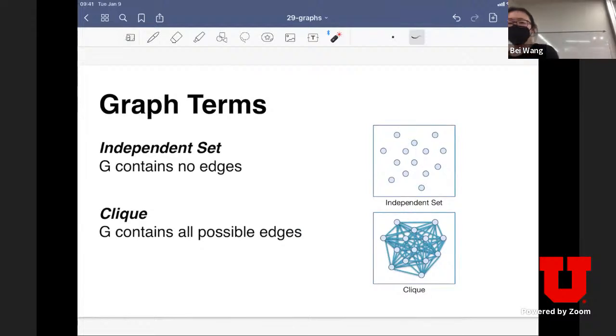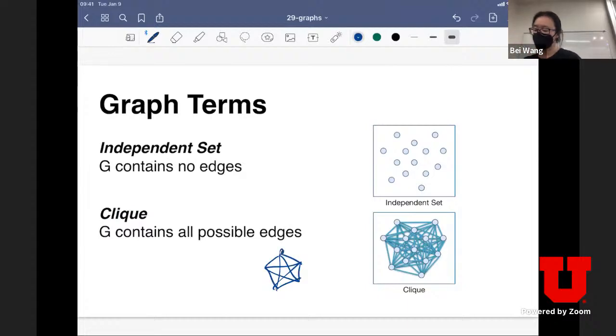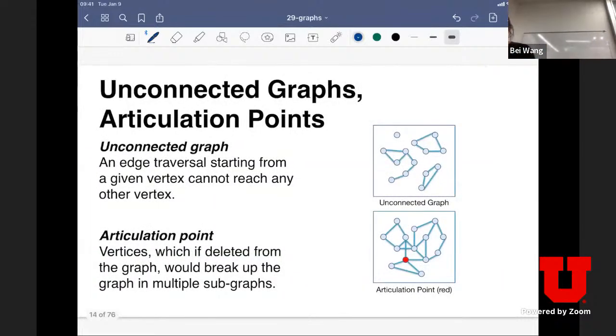There's also some other content. If I have a graph that has no edges, we call it an independent set. If we have a graph that contains all the possible edges, this is called a clique. This is a clique involving a large number of nodes, but a typical clique, you can think of, is one where every node is connected to every other node. There's also what's called a disconnected graph and a connected graph.